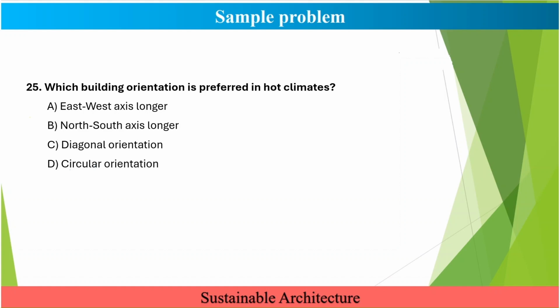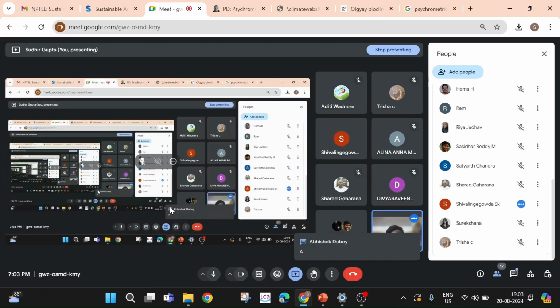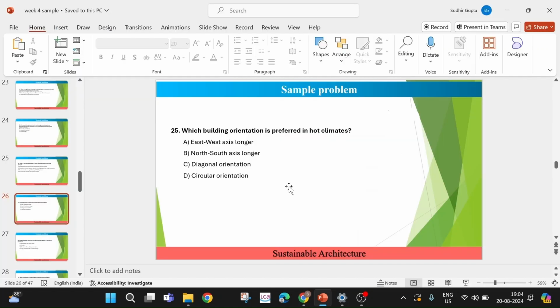All of you are okay with answer A, or does somebody want to give some other answer? Option B, sir. For this particular question, option B is the right answer.